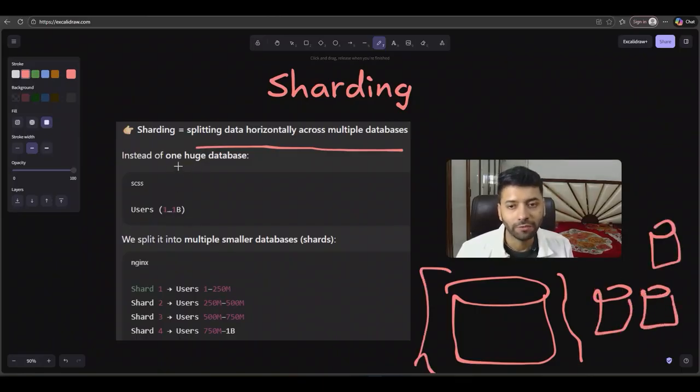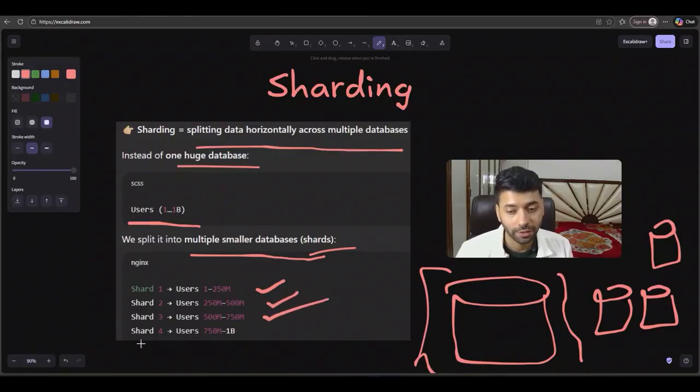So instead of one huge database containing records for 1 to 1 billion users, we will have multiple smaller databases or shards, like shard 1 having the user data from 1 to 250 million, then shard 2 having 250 million to 500 million, then shard 3 having users data from 500 million to 750 million, and shard 4 having user data from 750 million to 1 billion, correct.